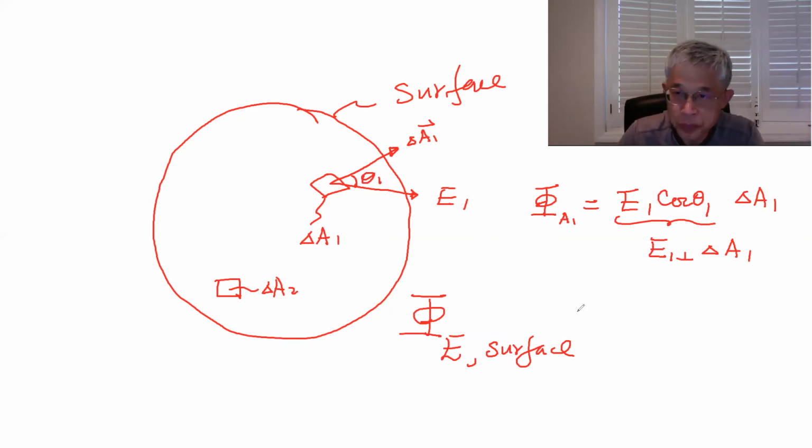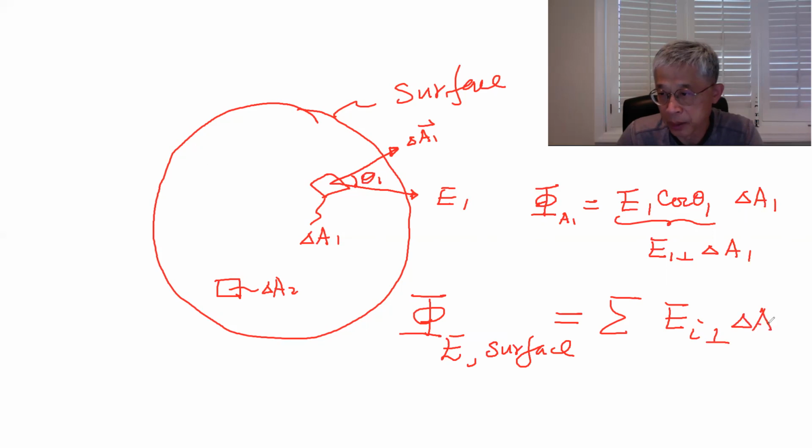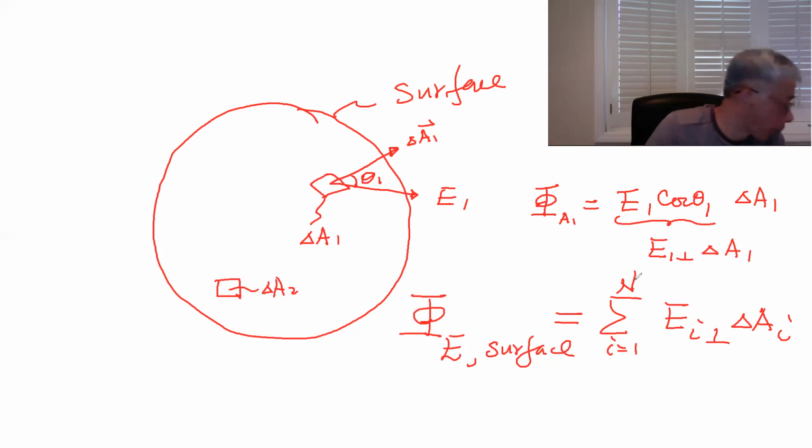So it becomes a summation of E_i perpendicular times delta A_i, with i equal to 1 to some n, depending on how you break this surface into pieces. This is called the electric flux.